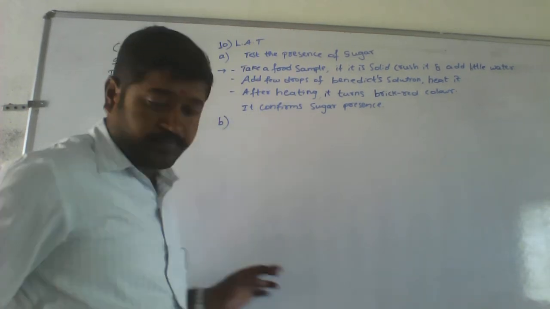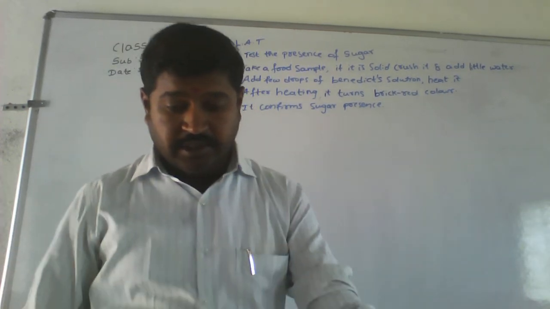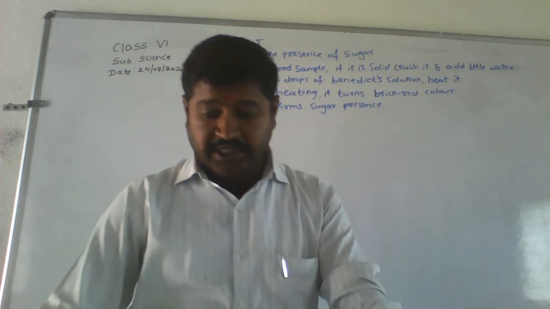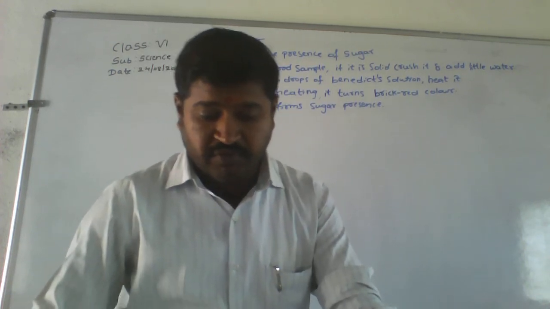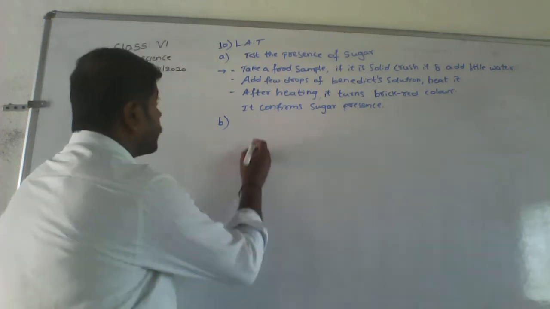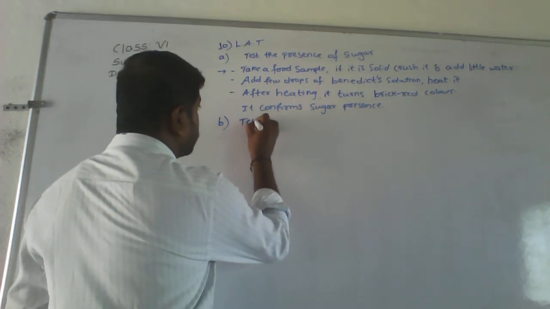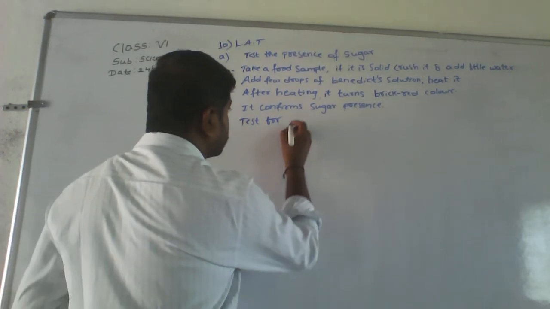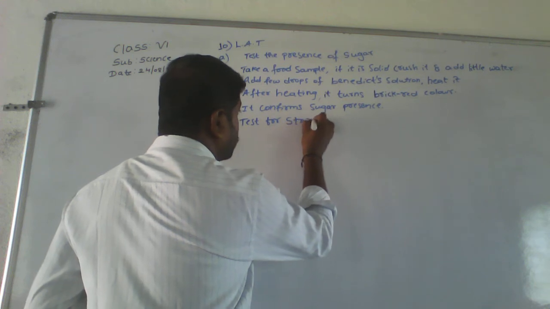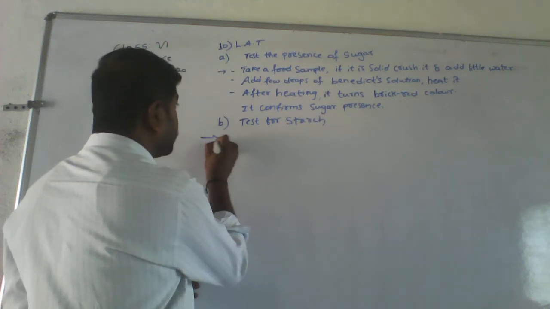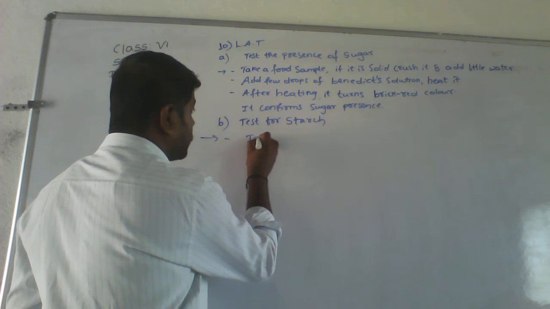It is B. Describe an experiment to test the presence of starch in a food sample. So what we have to do? We have to test for starch. It is also similar. Take a food sample.